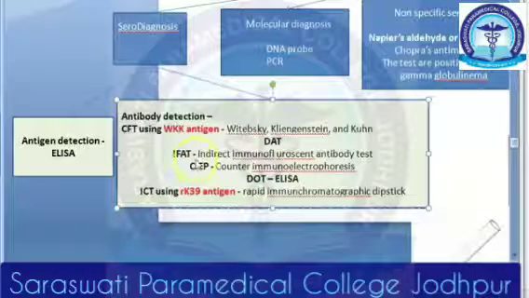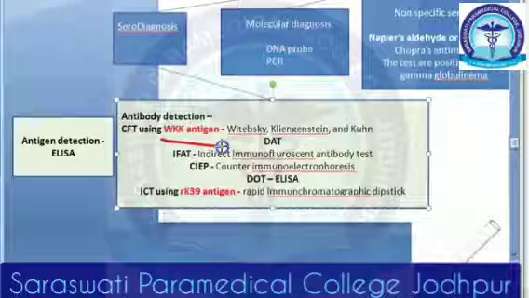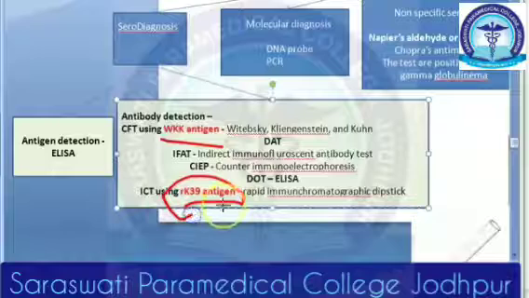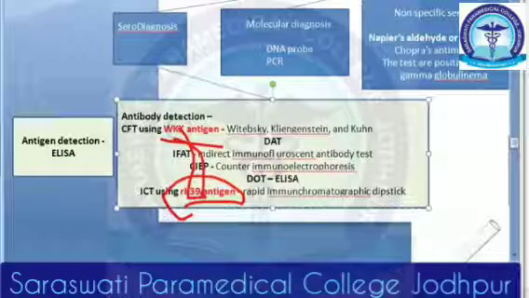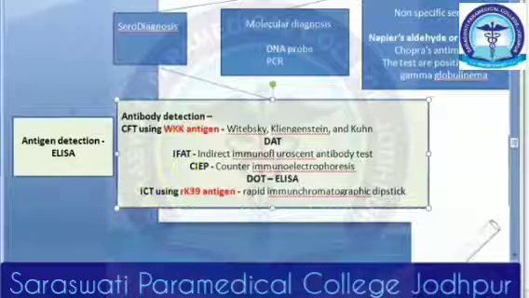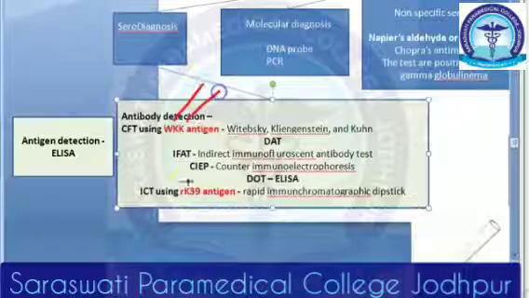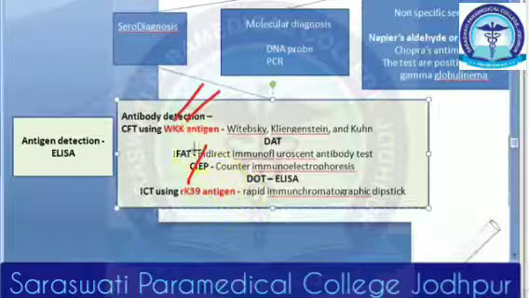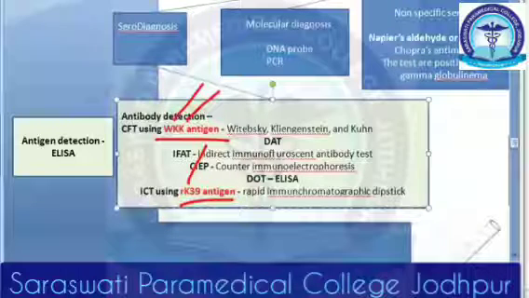But anyway, remember Waka antigen for Leishmania, that is WKK antigen. Then you have the RK39 antigen. So a lot of K's, Kala Azar, something like that you can remember. WKK antigen and RK39 antigen.